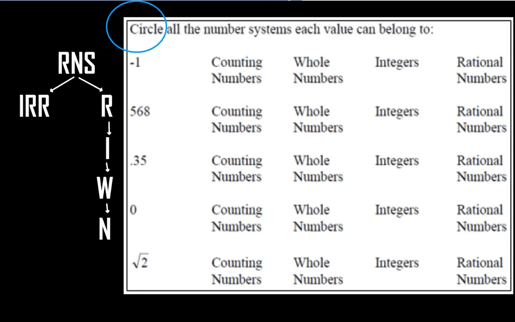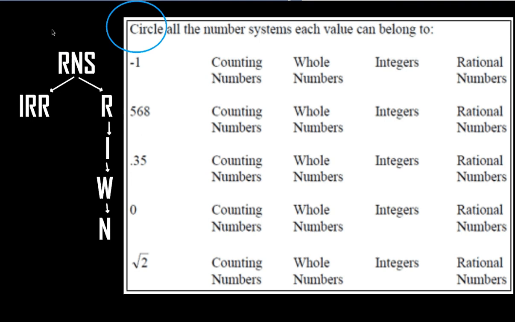What I have on the side here, very simply, is that shorthand picture that we can draw for ourselves so you can easily remember. It has the RNS, the real number system, split into two main subsets. We have the irrationals on the left, the rationals on the right, and then inside of the rationals is the integers, inside of the integers is the whole numbers, and inside the whole numbers is the natural numbers.